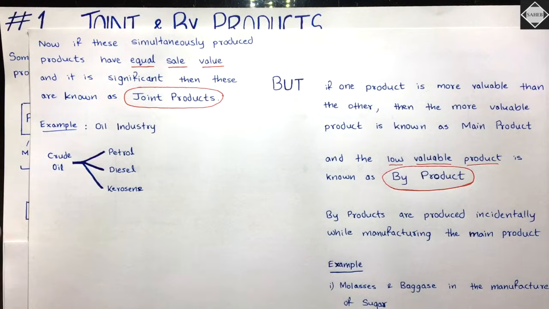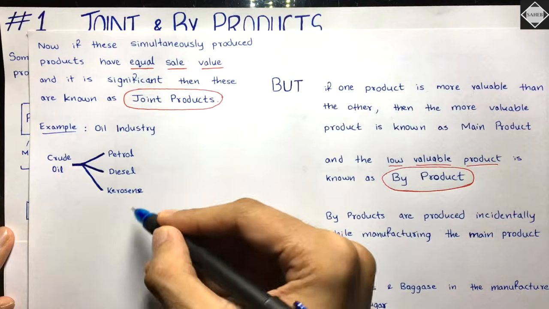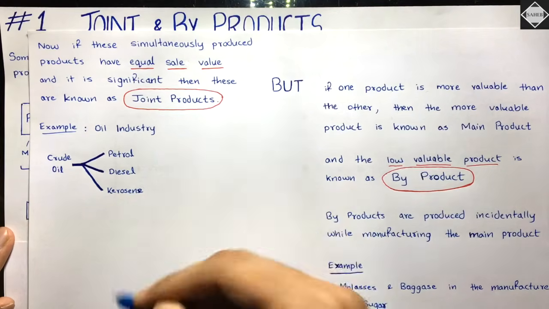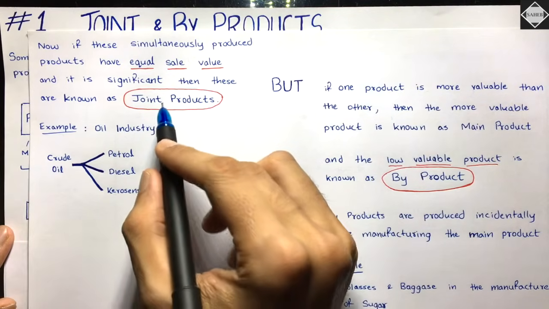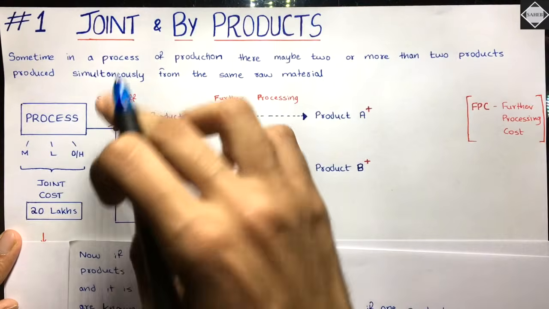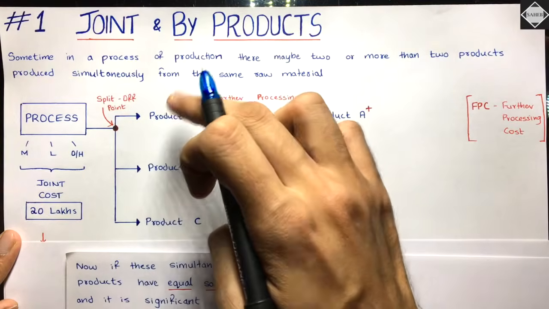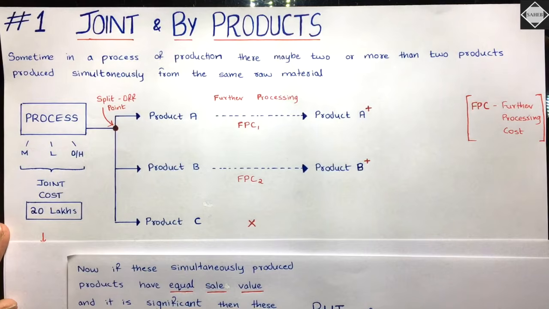At different temperatures you get different items: jet fuel, petrol, diesel, kerosene, asphalt, paraffin, lubricants, right? All of them have almost equal sales value, so that is why they are known as joint products. Now in this case, at the split off, if all of them have almost equal sales value, then all of them will be joint products. Is that clear?